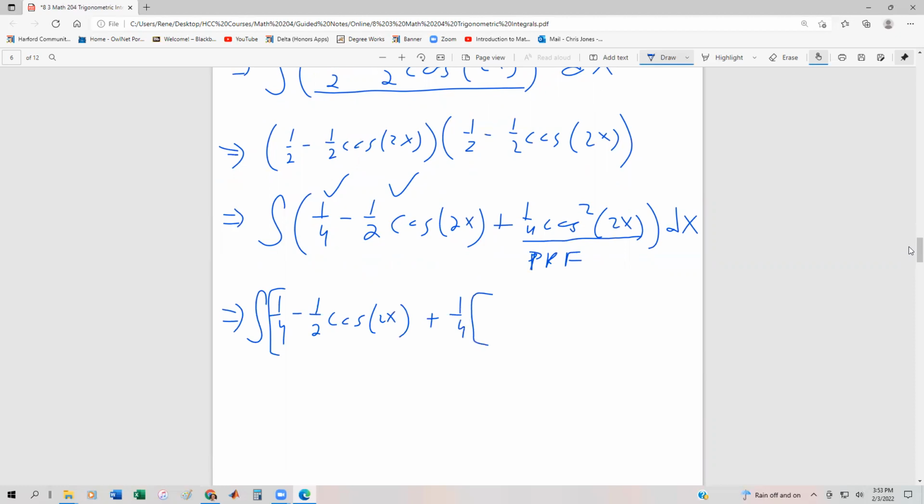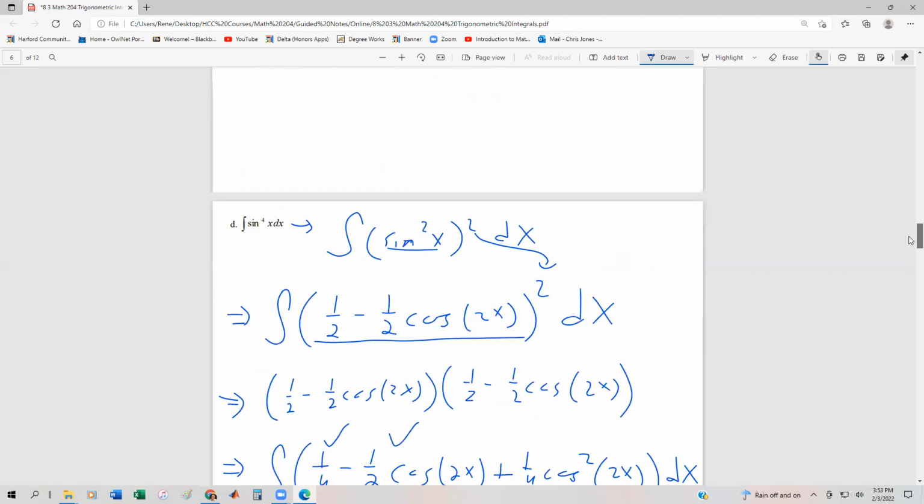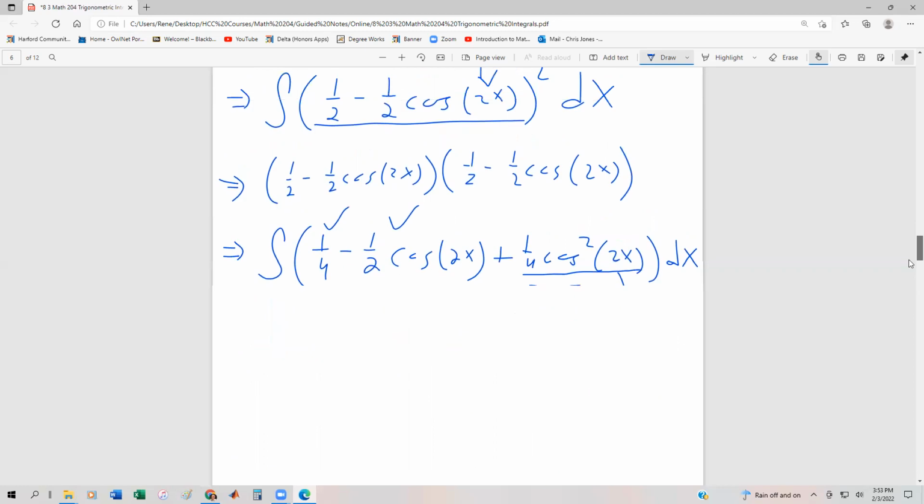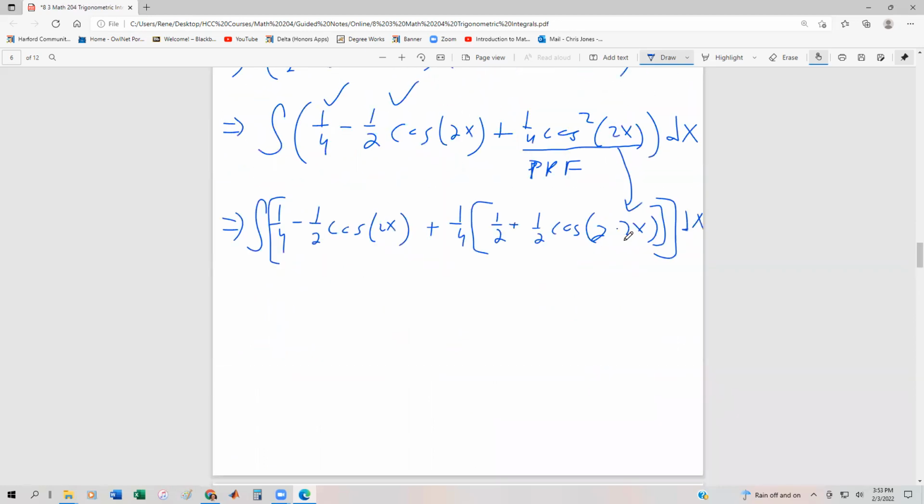And remember, the power reducing formula for cosine squared is going to be 1/2 plus 1/2 cos of, now be careful here, 2 times 2x. And remember, when you're doing the power reducing formula, you have to double that interior angle, just like we did initially, right? We had sine of x, and when we used the identity, we doubled the interior angle. And so clearly, this is going to turn into a cos of 4x.